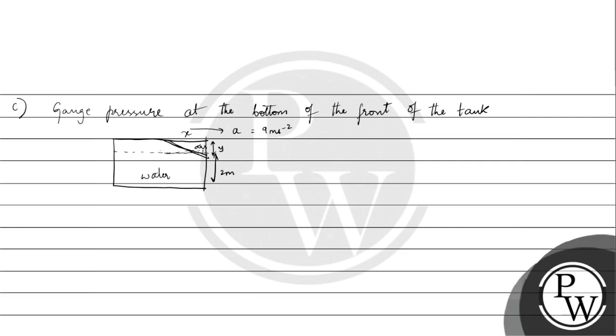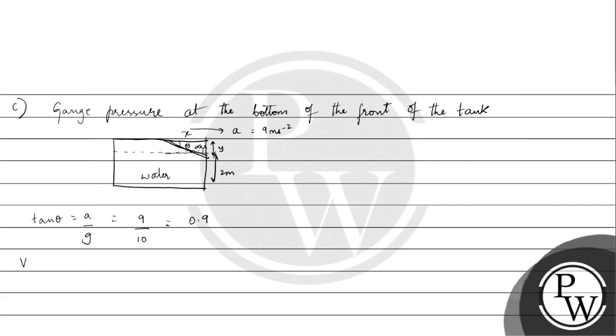So if we get to know what is this value of y, उससे हम gauge pressure को determine कर सकते हैं. Let us say we have this angle theta with the horizontal. So we still have tan theta is a by g, and now this is 9 by 10, which is equal to 0.9.